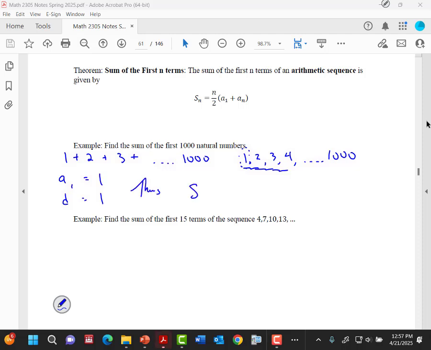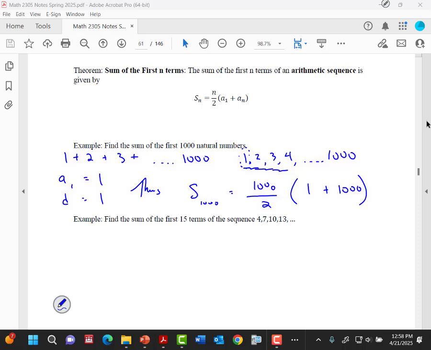Thus, S sub 1,000 is equal to 1,000 over 2 times the first term, which is 1, plus a sub 1,000. Well, the 1,000th term is just 1,000.